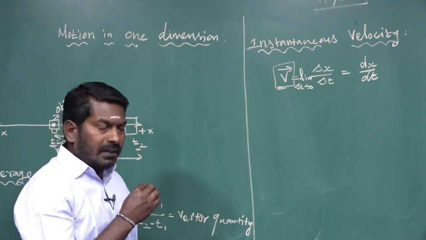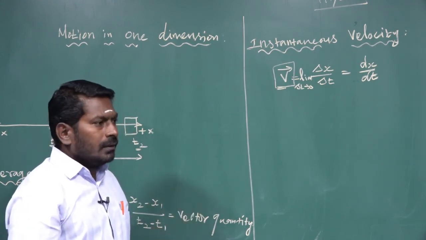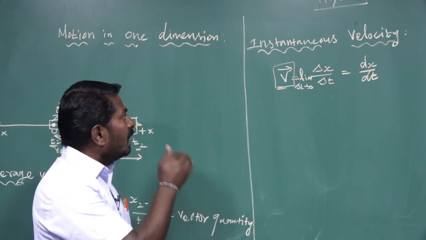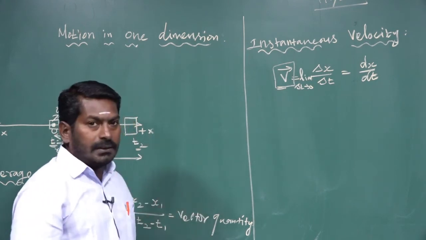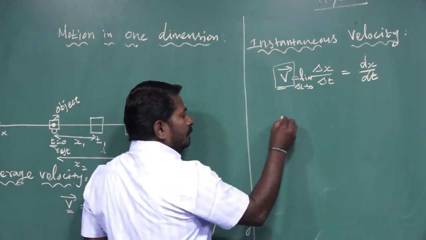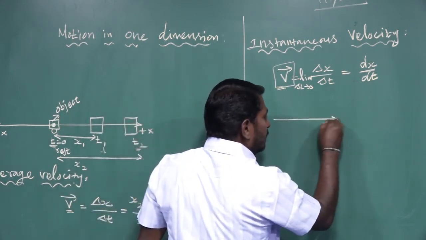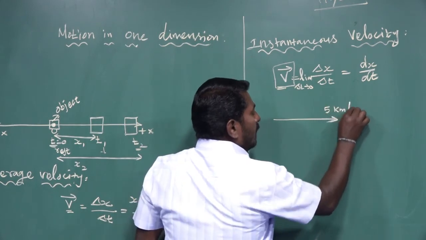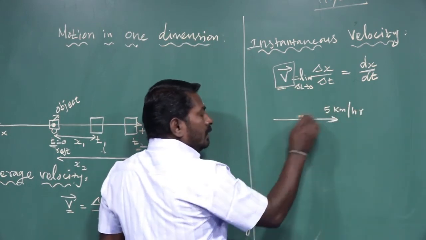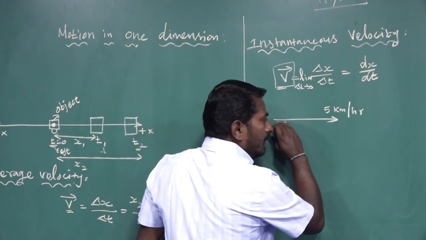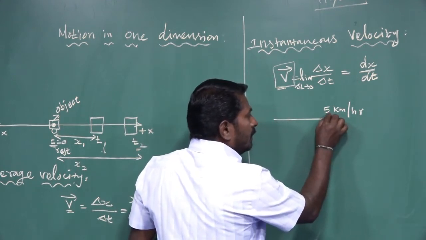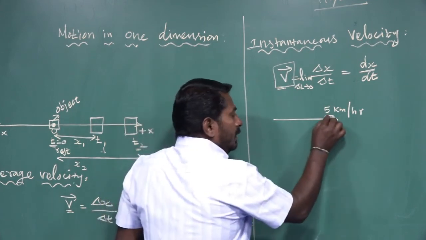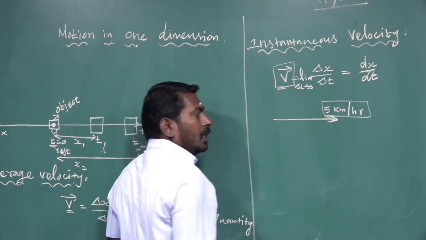If your body is traveling in uniform motion, the velocity of an object at any instant of time is the same as the average velocity. For example, if a body travels along a positive x-axis with a uniform velocity of 5 km per hour, the average velocity is 5 km per hour and the instantaneous velocity is also 5 km per hour.